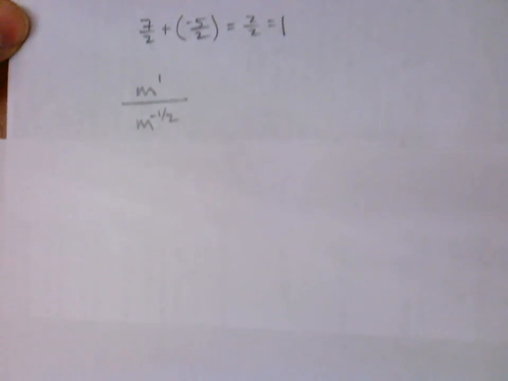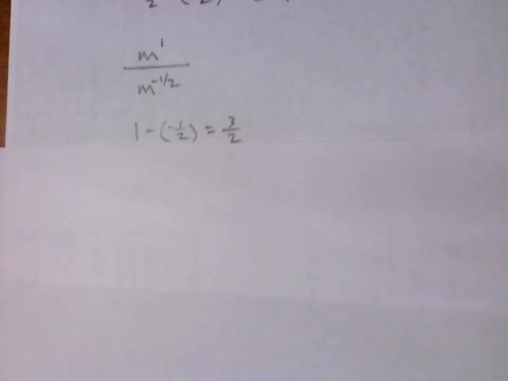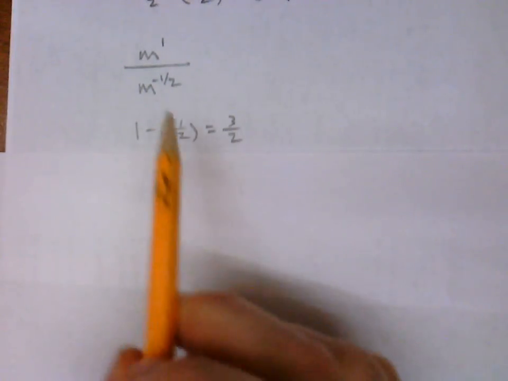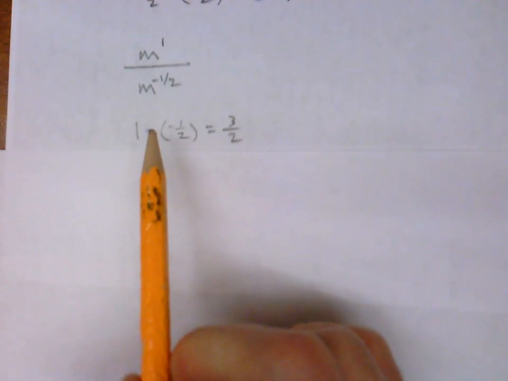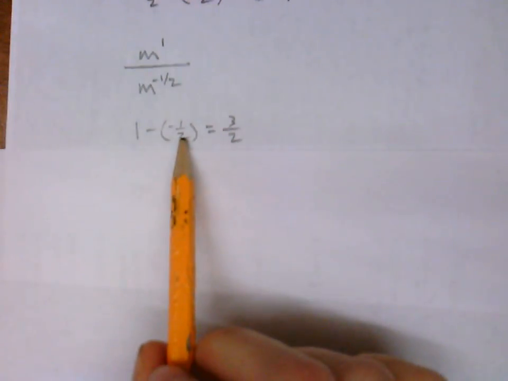Okay, at that point, I might say, all right, now I'm dividing. So if I combine the two together, I should subtract 1 minus negative 1/2. Now, people tend to slip up here, and it's understandable why, but we are still subtracting. 1 minus, I just happen to be subtracting a negative, which of course turns into adding.